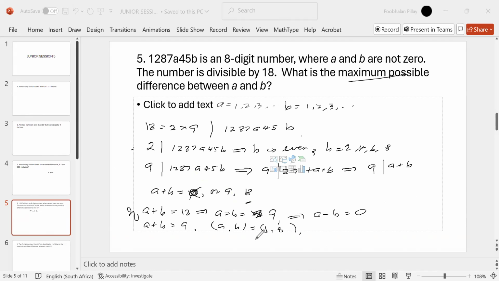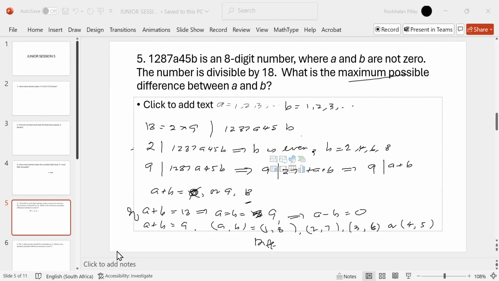A, B is 1, 8, they add up to 9, or 2, 7, or 3, 6, or 4, 5. These are the possibilities for A and B, because they add up to 9.